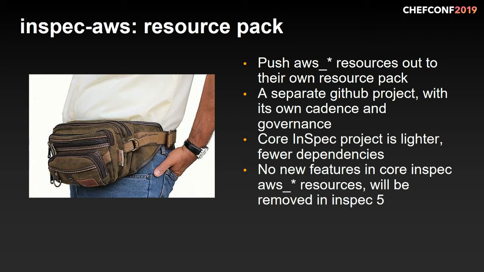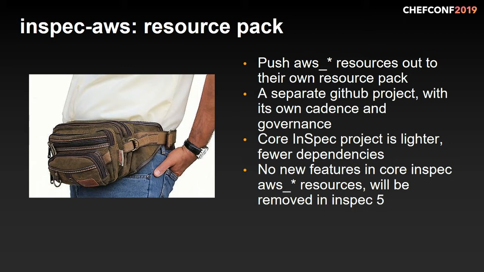But now, as we're expanding with new cloud integrations coming out, we said that AWS as well as all those cloud integrations need to be their own first-class citizens. So we need to take it back out and have it be its own GitHub project, everything. That's what we are doing here with AWS resources.